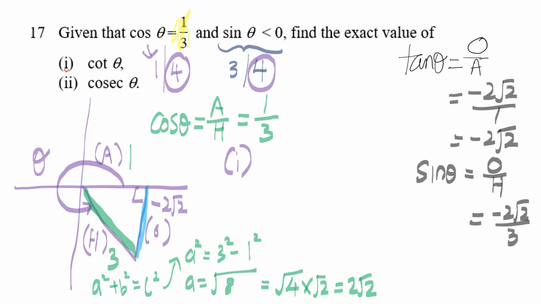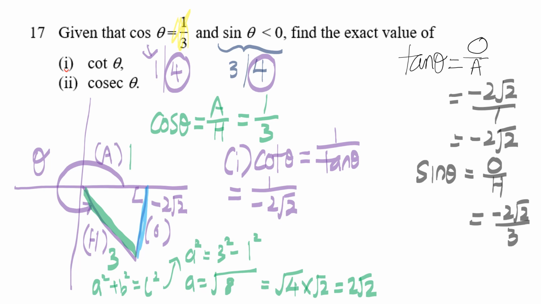So part 1 is cotangent theta. Cotangent theta is 1 divided by tangent theta. So that gives us 1 divided by negative 2 square root 2. It's better to write it this way: 1 over tangent theta, 1 over negative 2 square root 2.